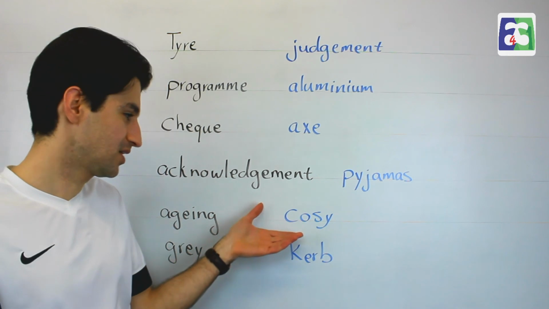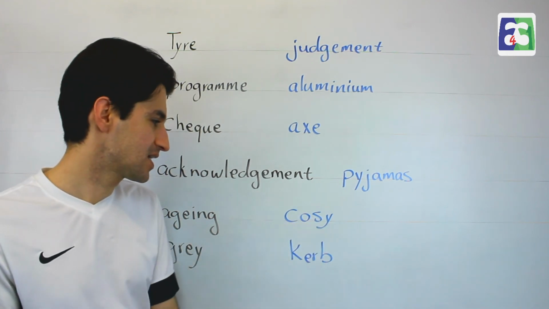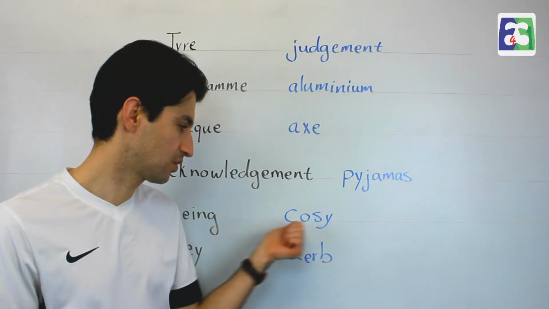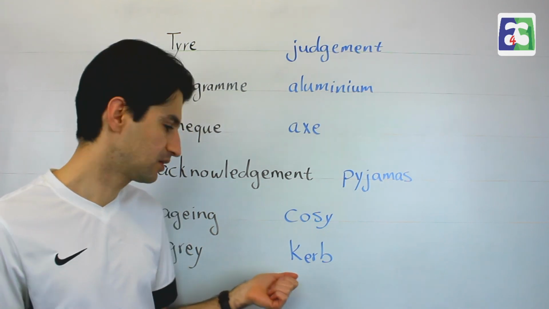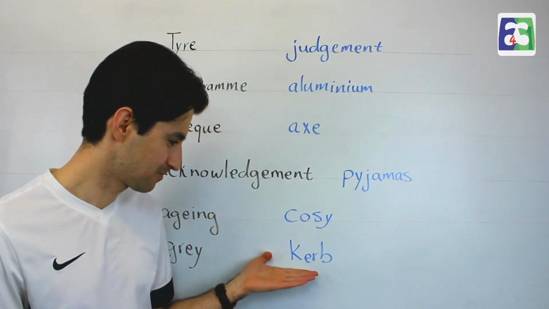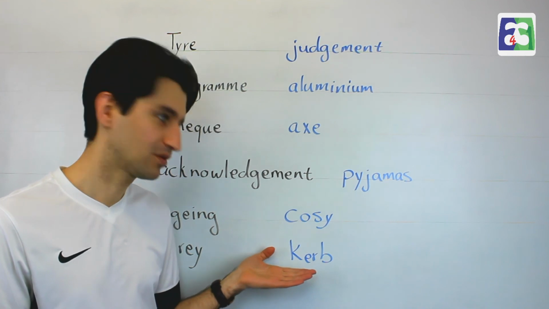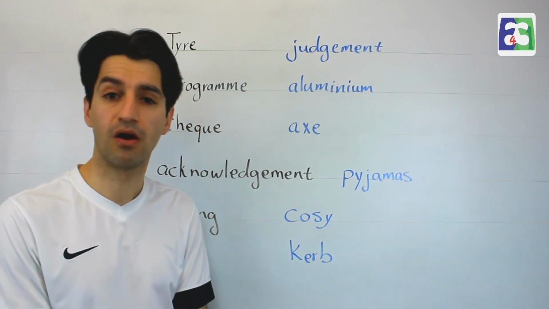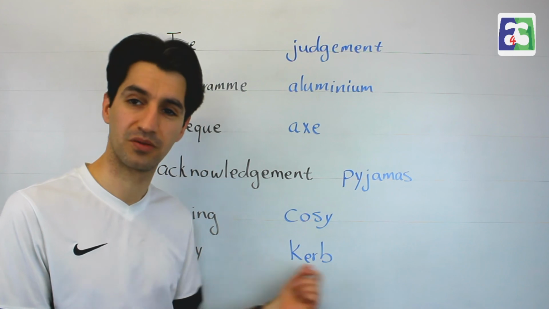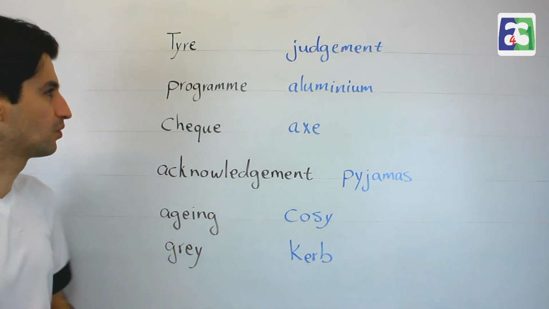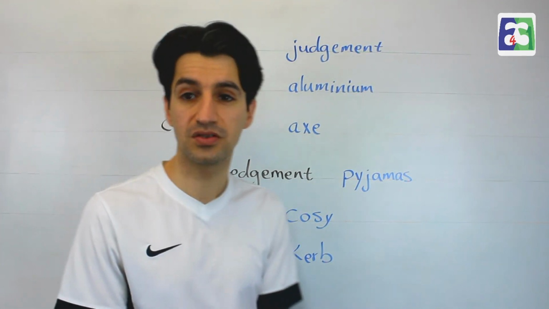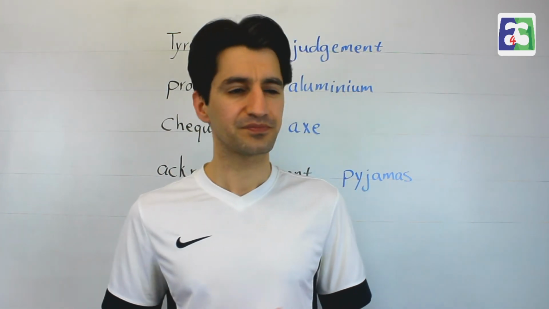Okay, cozy. British has got S. American has got Z. Cozy. And curb. Curb in British English is like this, but in American is C-U-R-B. Curb, C-U-R-B. Okay, so these were some words that were different in these two writing systems.